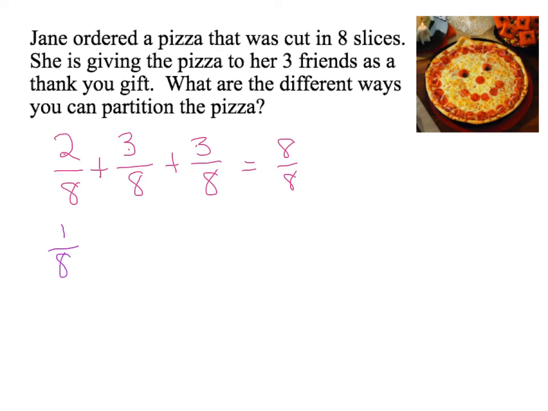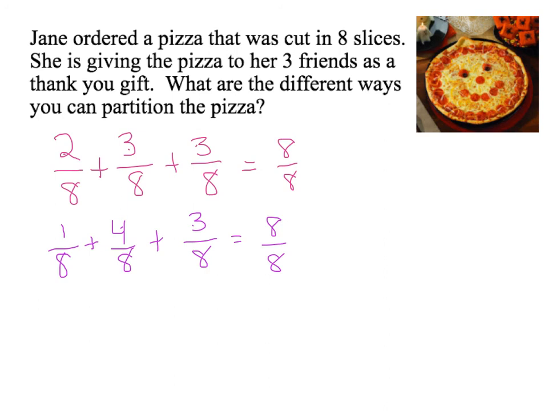She can give a friend 1/8 of a pizza. She can give her other friend, let's say, 4/8 of a pizza. And then she can give another friend 3/8 of a pizza. And that is a total again of 8/8 because 4 plus 1 is 5 plus 3 is 8.